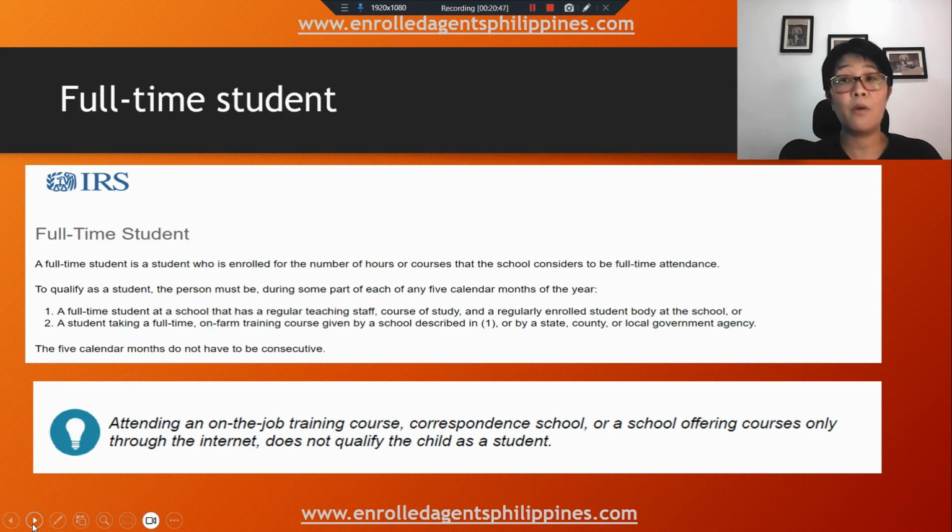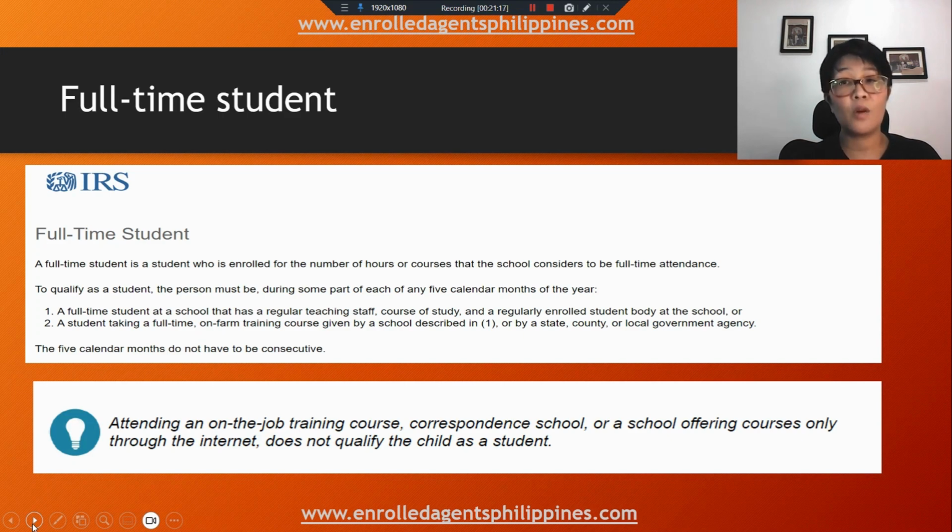So, if halimbawa may client kayo or nagpunta sa inyo, kiniklaim as dependent, no? More than 18 years old or above, ano na siya, 19 na, kumbaga. Pero, yun nga, sinasabi, student siya. Pero nung tinanong mo, ano ba yung inaaral, sinabi, nag-fall lang siya dito ng mga on-the-job training course or mga online courses lang na hindi included, no, dun sa definition ni IRS ng full-time student.